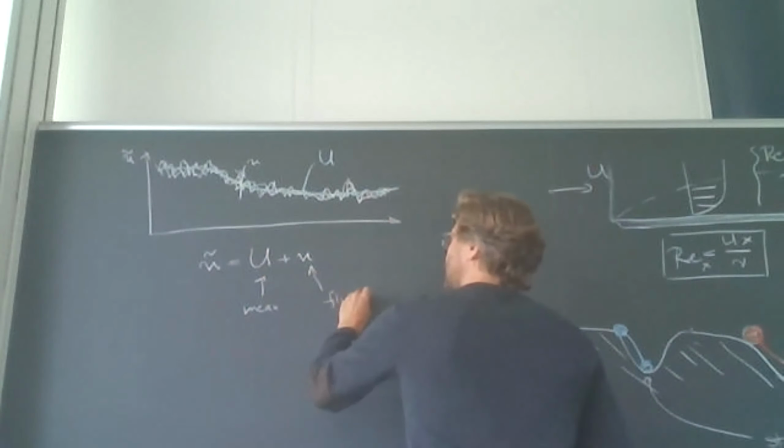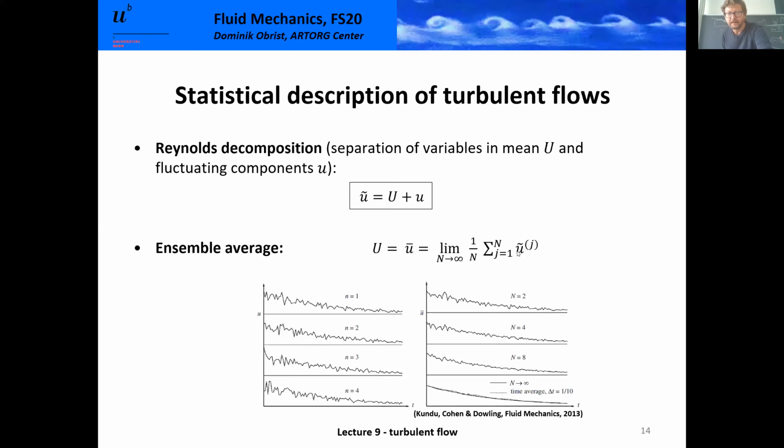The ensemble average is the sum of all instances of the experiment divided by the number of experiments. Like we do 100 experiments, and then we average all the measurements at a certain time over 100 different measurements. And then we obtain a mean flow.